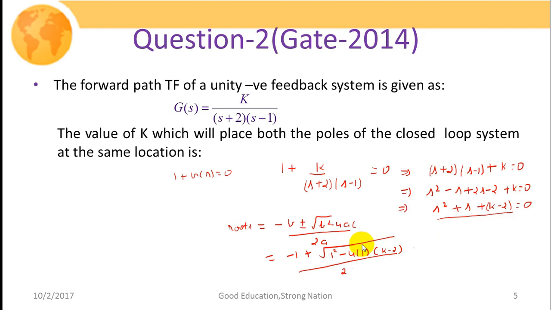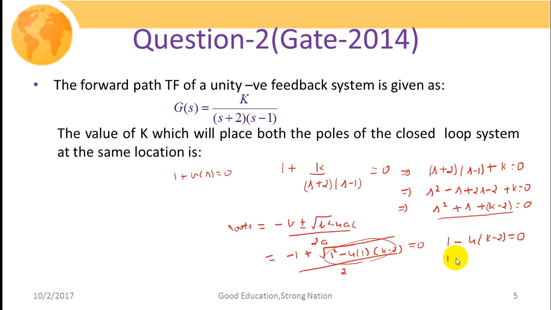So if we want both the roots of this equation to lie at the same location, then for that purpose the determinant, the value of capital D, should be equal to 0. So in what condition will the value of this determinant be equal to 0? 1 minus 4 times (K minus 2) will be equal to 0.